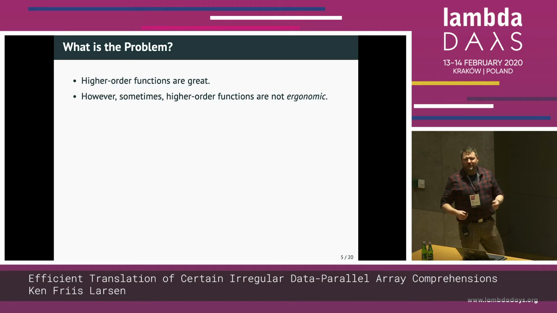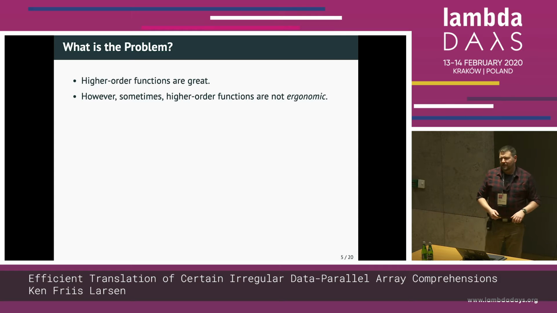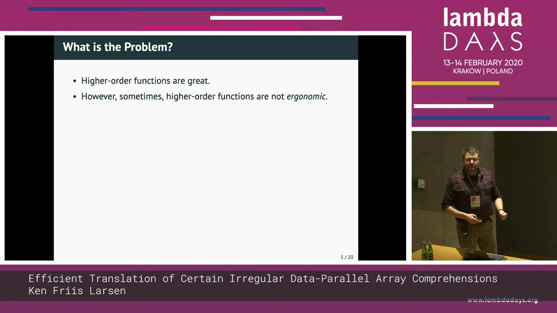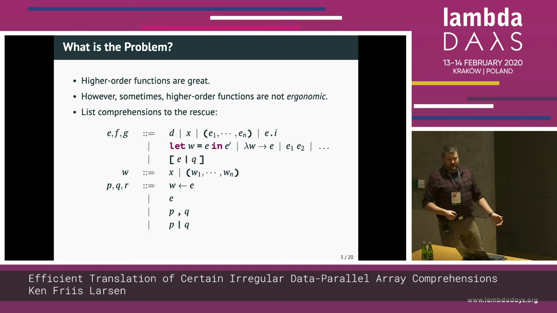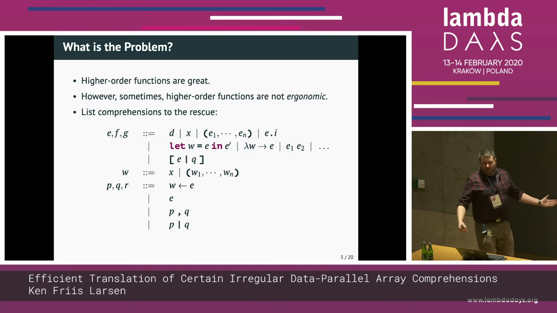So how can we make it a bit more ergonomic? One great DSL that a lot of languages have is comprehension. So basically this work is adding list comprehension, or rather array comprehensions, to Futhark.